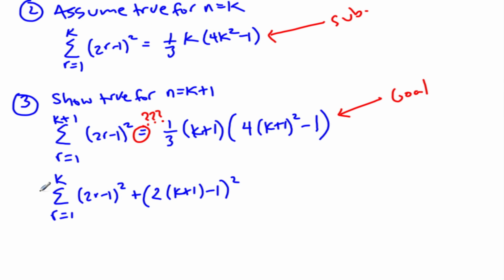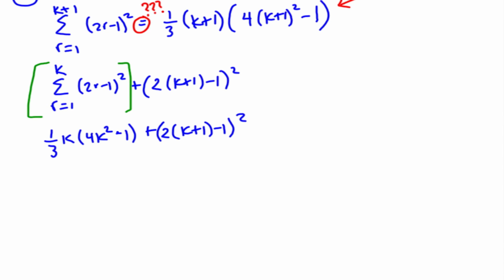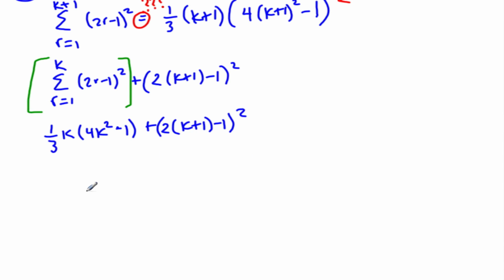So I'm going to take this out and I'm going to put this in. This green thing goes out, and this green piece goes in. So now I have 1/3 k 4k squared minus 1 plus this same thing again, 2k plus 1 minus 1 squared, everything squared. Okay, so now let's start the simplification process.